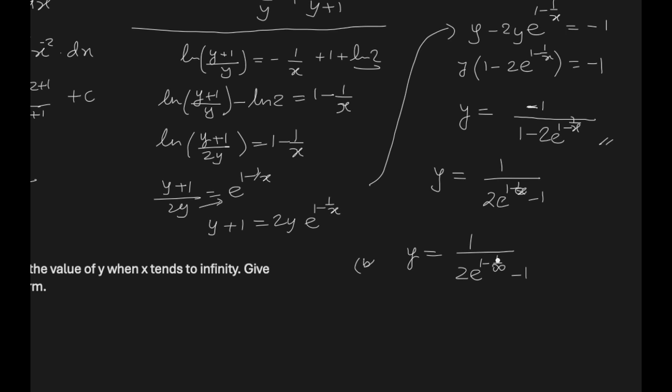Now look, 1 divided by a very large number will be almost 0, like 0.000 something, so we can count it as 0. So it becomes 1 over 2 e to the power 1 minus 0, minus 1, and we get 1 over 2e minus 1. That's it, because e to the power 1 is e. This will be the value of y when x goes to infinity.